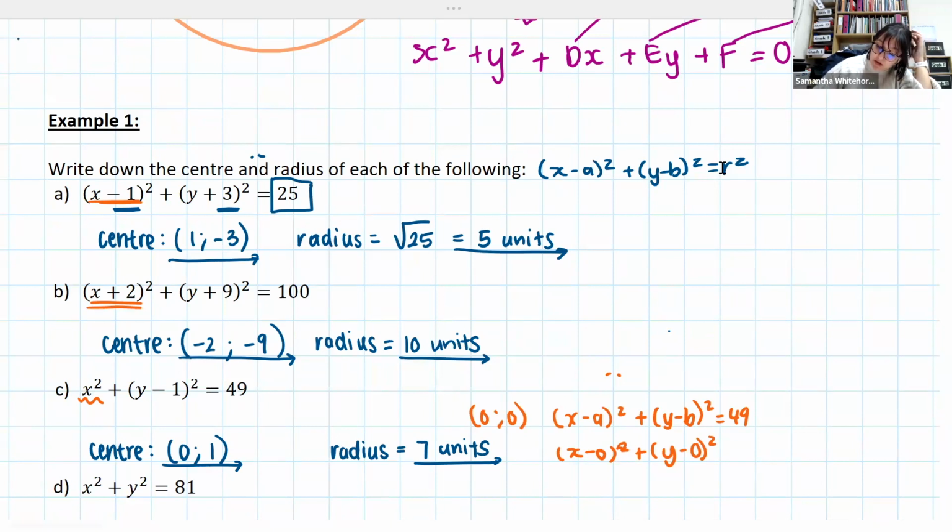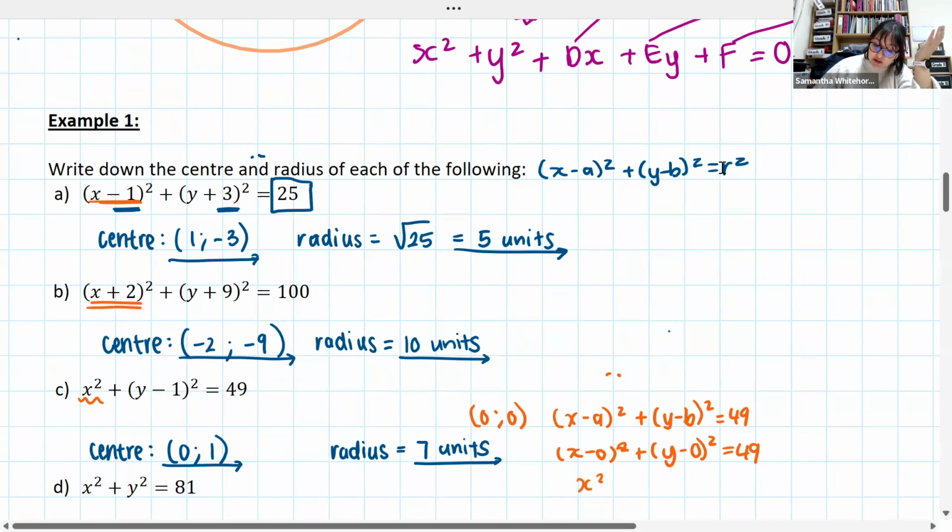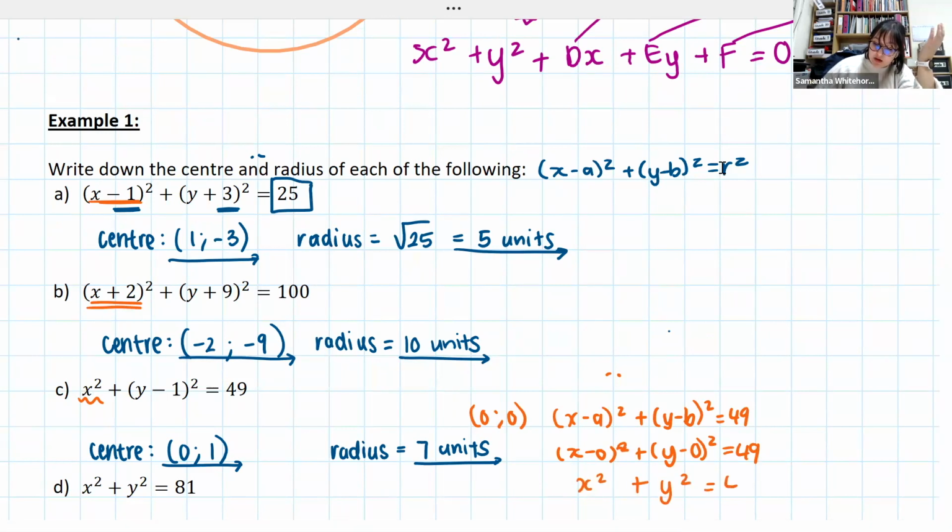So what's going on here? x minus 0 is x, so it's just x squared. y minus 0 is y, so it's just y squared. And so whenever you have a 0 in your center, it actually just simplifies that whole bracket down to just the variable squared.